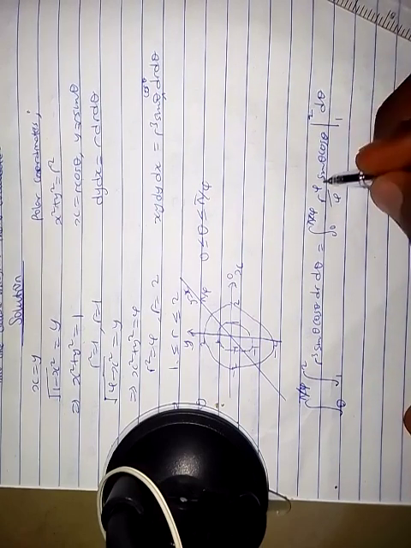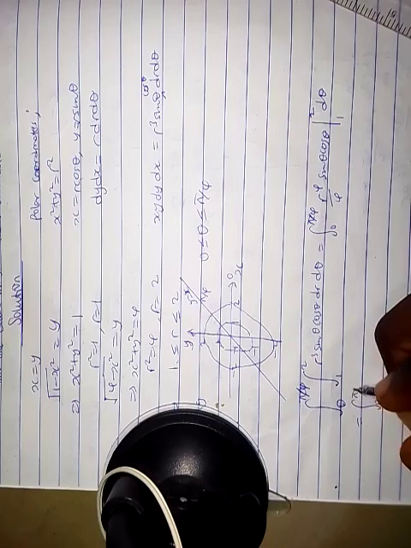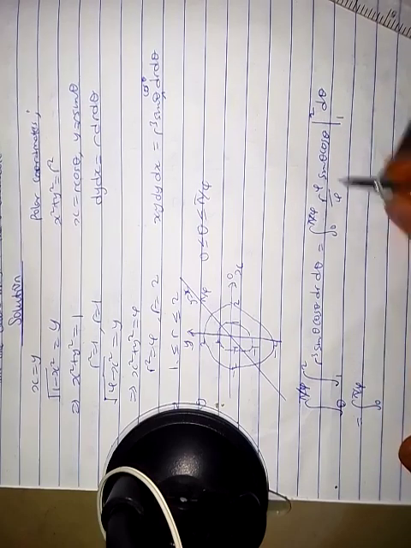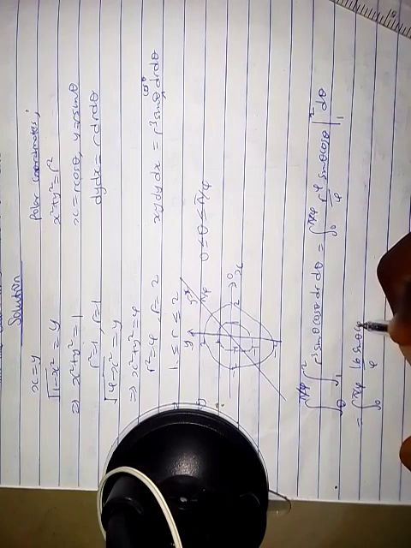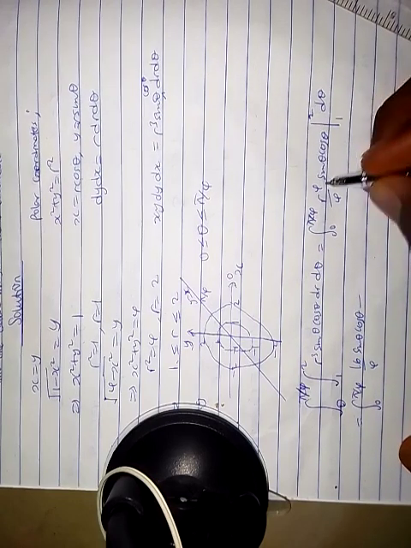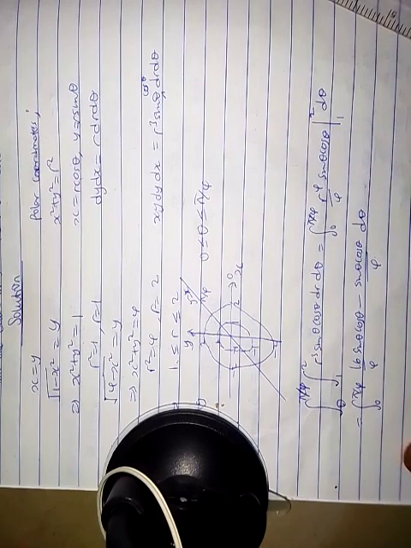When we plug in, 2 to the power 4 is 16 over 4 sin theta cos theta minus, when we plug in 1, sin theta cos theta over 4, d theta.